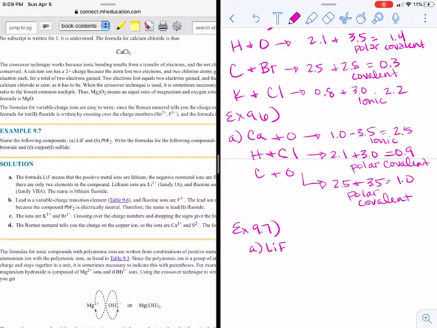Okay, so the first one, not so bad. These are all ionic compounds, but they're wanting you to figure out some other things on a couple of them. So the first one, you just name the metal, and then you name the nonmetal, but you end it with "ide." So lithium fluoride.